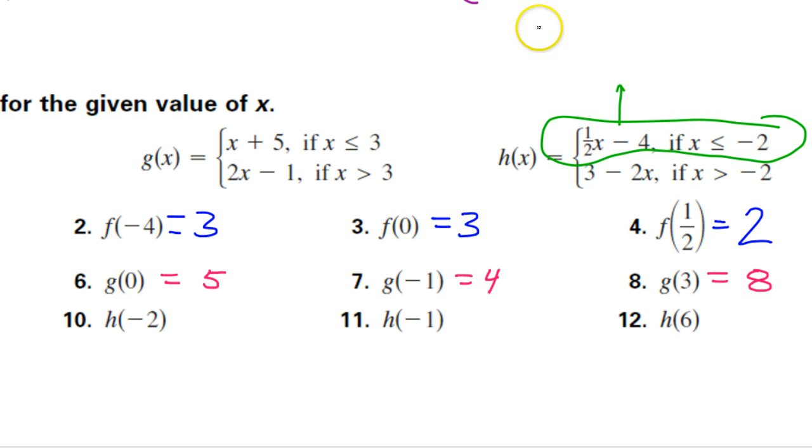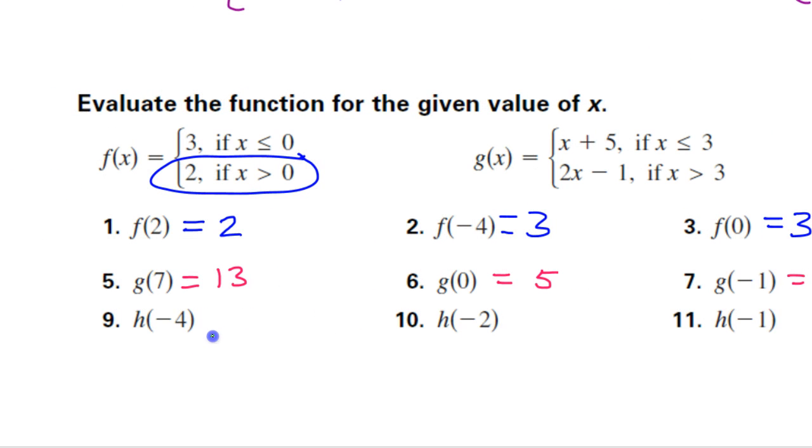So if I put in -4, that means I'll have 1/2 times -4 minus 4. Half of -4 is -2. -2 minus 4 is -6. All right, what about -2?